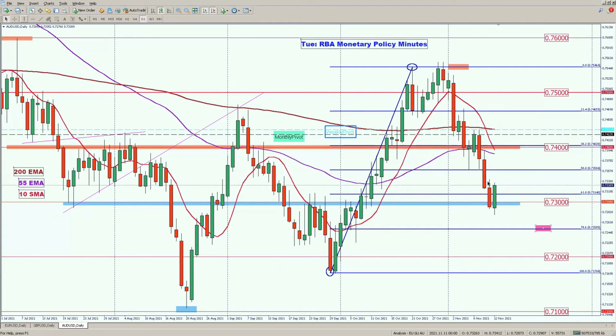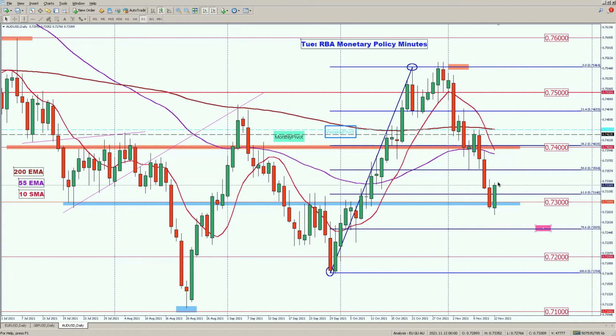So this was basically a bearish continuation move from the previous week after the RBA decisions, and fell to the daily 55 EMA, and then found some support, but then the monthly pivot is there to provide further resistance along with the daily 200 EMA, and then continued to fall.